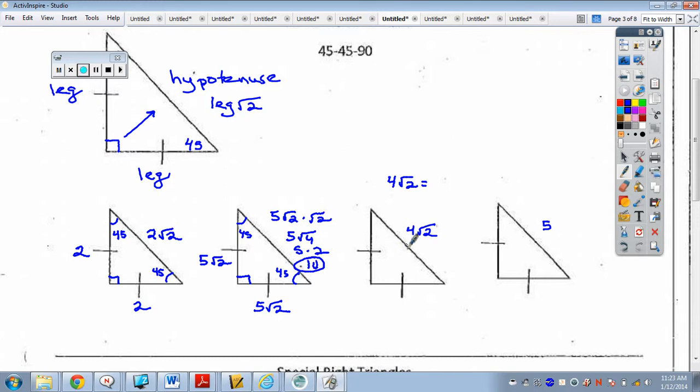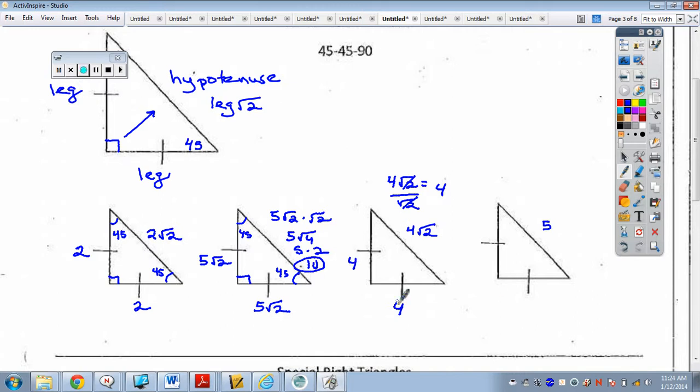Normally I would start from the leg and multiply by root 2 to get this number. So since I'm working backwards, I have to divide by root 2 to get back to the leg that I originally started with. 4 root 2 over root 2: root 2 over root 2 is 1, which gives you 4. So each of my legs had to have been 4.